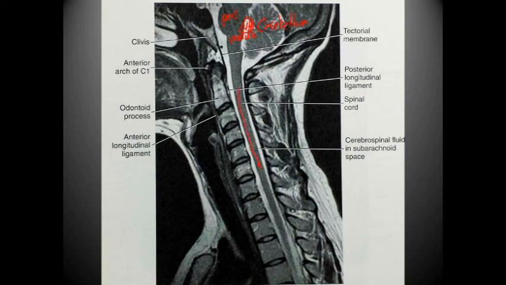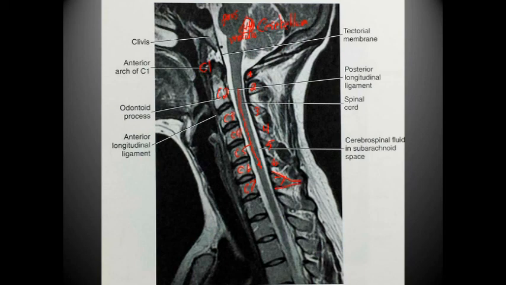We have C1, C2, C3, C4, C5, C6, C7. And then we have the corresponding posterior segments of 1, 2, 3, 4, 5, 6, 7. Here's the vertebral prominence.